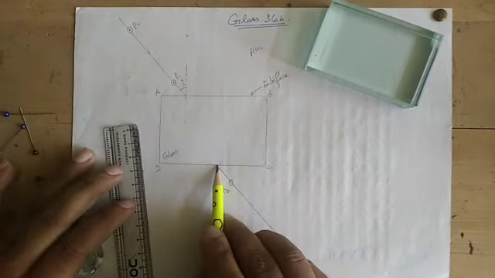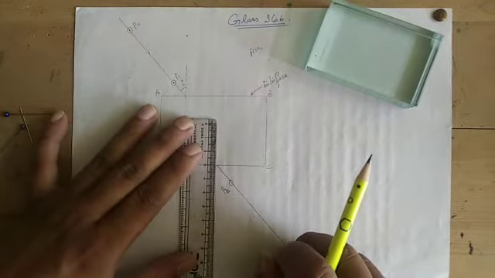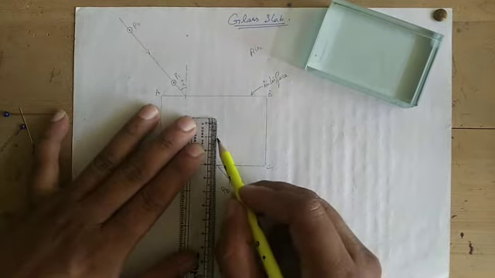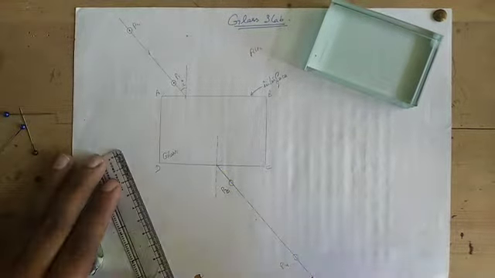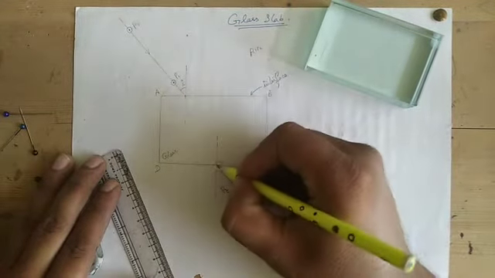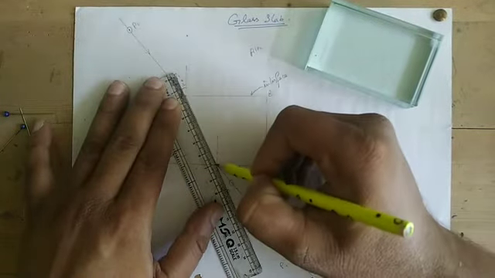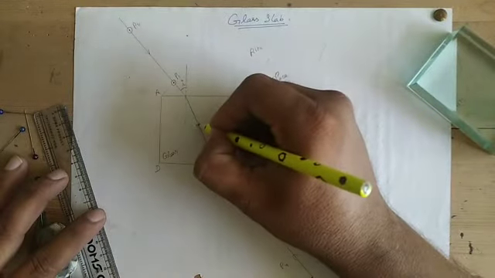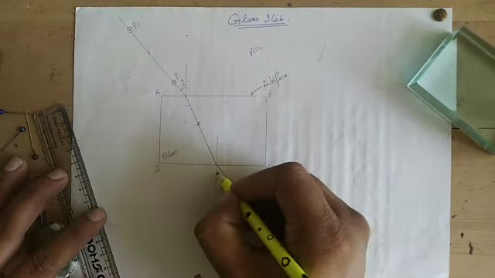Students, after joining the points P3 and P4, I will draw another normal here. Okay, now I will join this point with this point, that is inside the slab. This shows that the ray bends towards the normal from here and moves away from the normal from this angle.